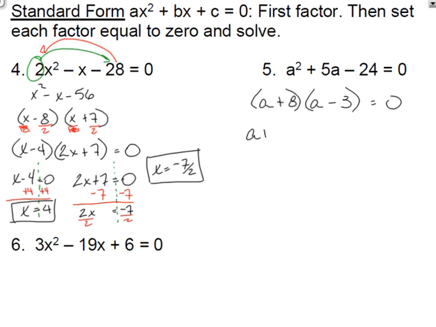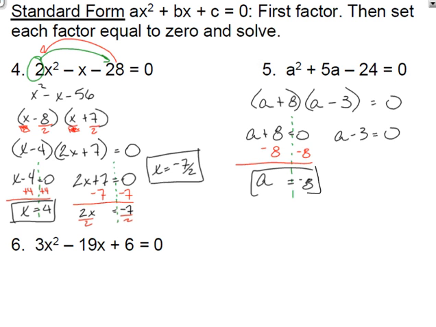I separated each of these. a plus 8 equals 0. a minus 3 is equal to 0. I put my divider. Subtract 8 from both sides. a is equal to negative 8. My divider. Add 3 to both sides. a is equal to 3.